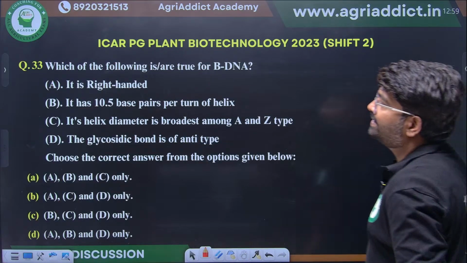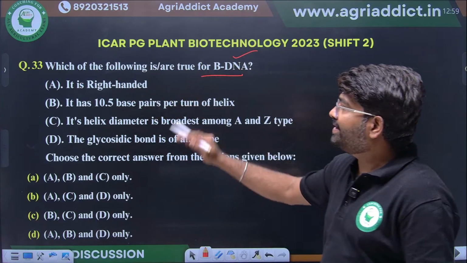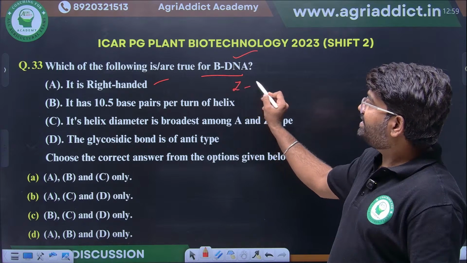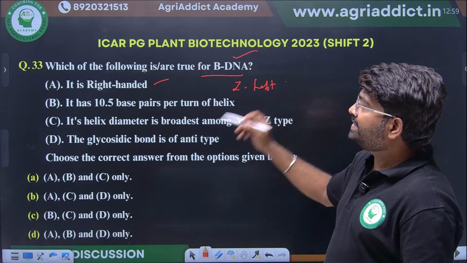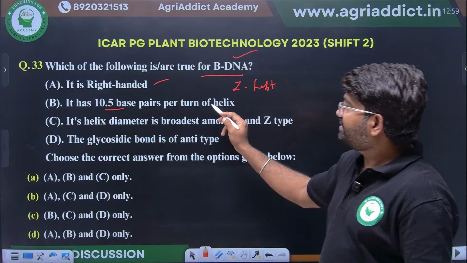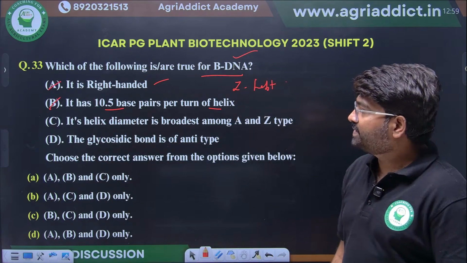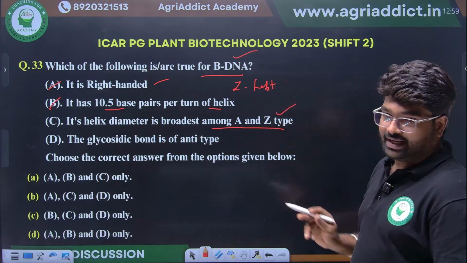Next, about B-DNA, they are asking which of the following is true about B-DNA. It is right-handed. Yes, it is right-handed only; Z-DNA will be left-handed. It has 10.5 bases per turn of helix. Yes, this is also clear. Its helix diameter is broadest among A and Z type.